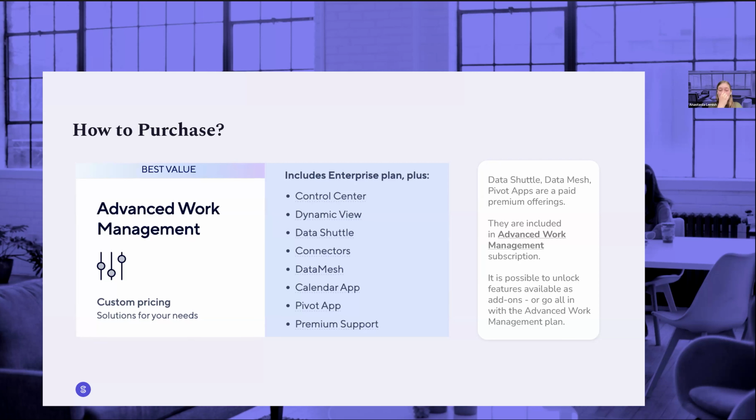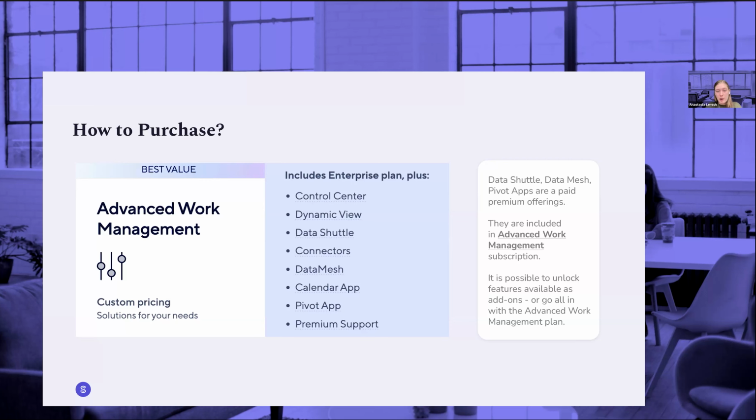And the most complete way to get them is through the Advanced Work Management subscription, which is Smartsheet's top-tier plan designed for organizations that are managing large-scale portfolios of work and need to connect across multiple systems. Pricing in this case would be custom, tailored to what your organization actually needs.